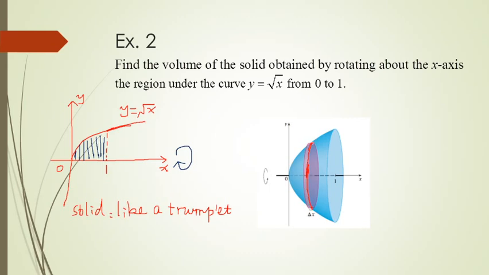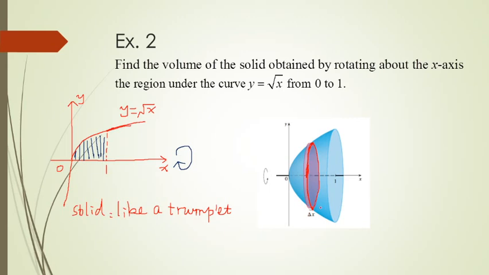Again, it's the same. We need to figure out the cross-section area function, the area function A(x). The cross-section region gives a circle. If we take the ice slab, you will notice that it's a thin cylinder.